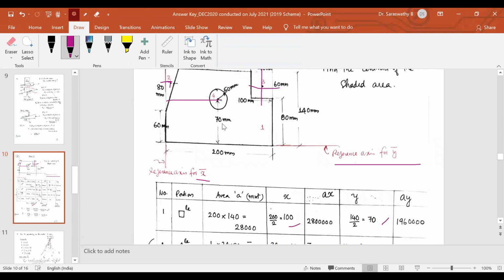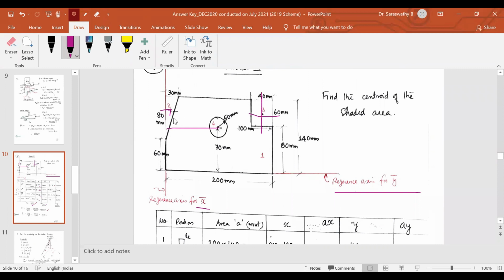For this triangle, the center of gravity is located from this base up to this at h by 3. This is 80, so it will be 80 by 3. So from here to here, it will be 140 minus 80 by 3.